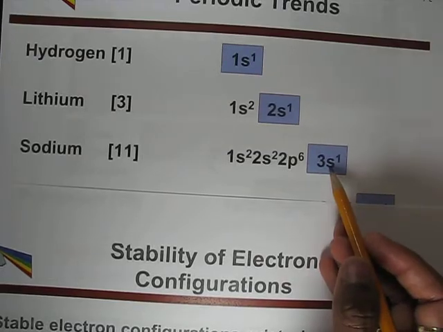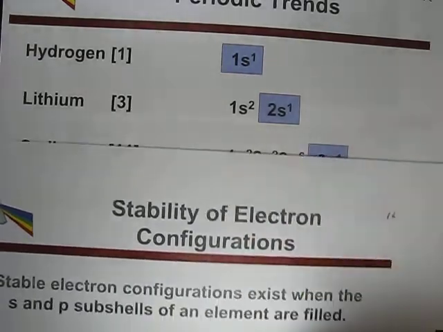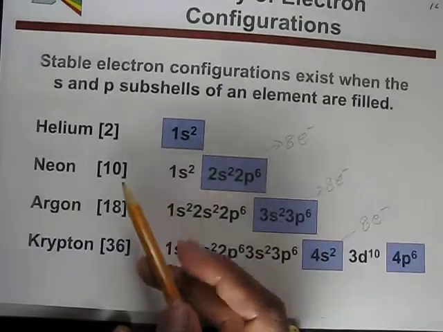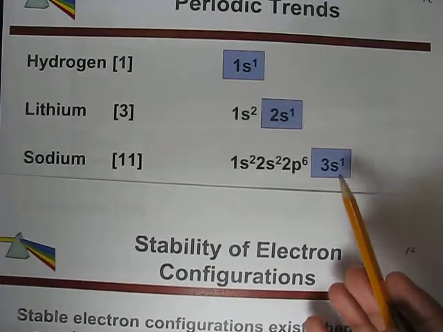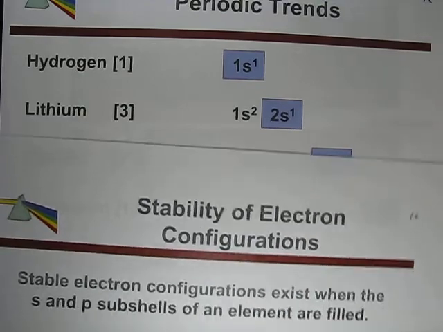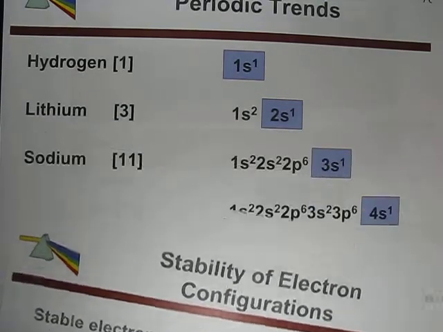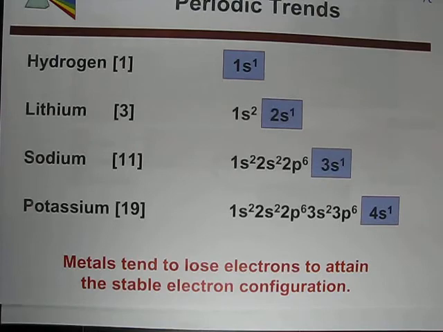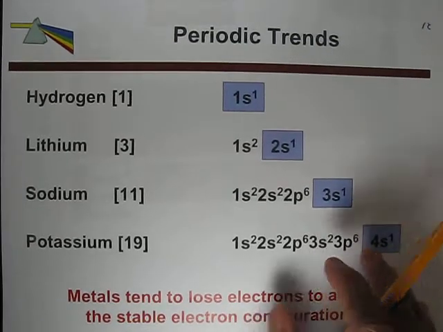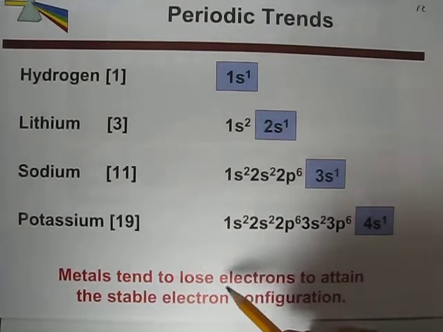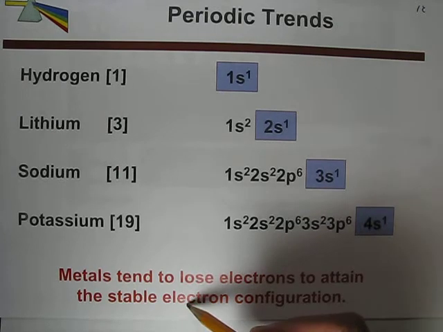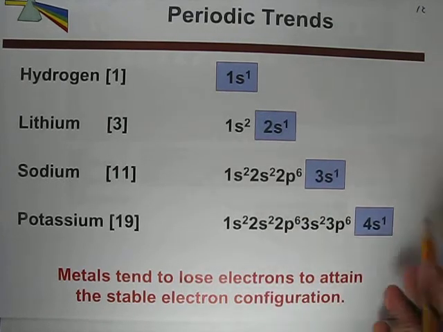If sodium loses one electron, it will attain the electronic configuration of neon, which is more stable. That is why metals have a tendency to lose electrons, so that they can attain the stable electronic configuration rather than an unstable one. So this is the first trend of the electronic configuration in the periodic table: metals have a tendency to lose electrons to obtain the stable electronic configuration like inert gases.